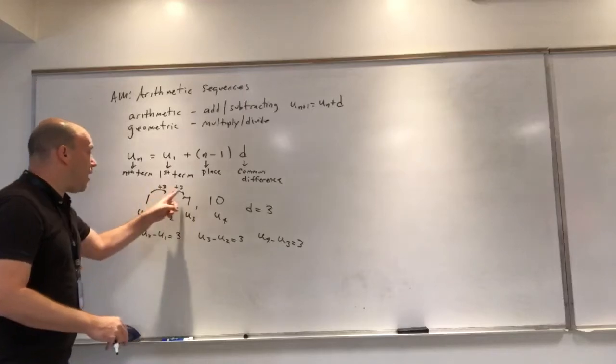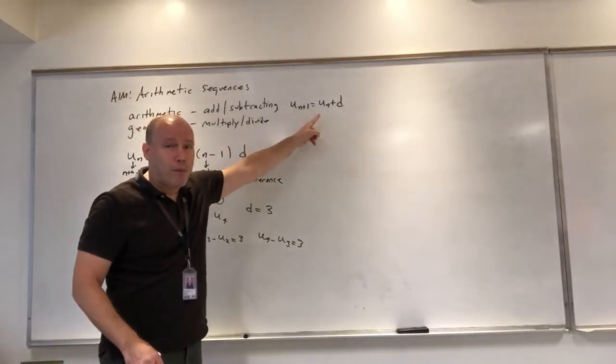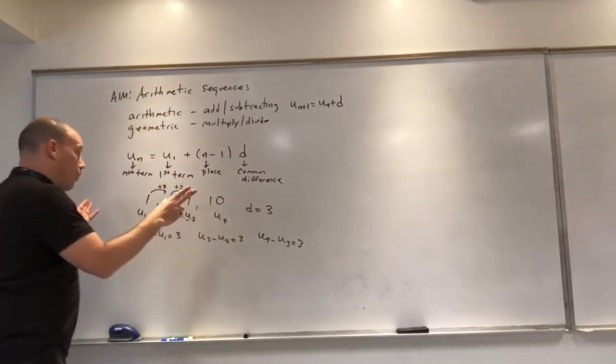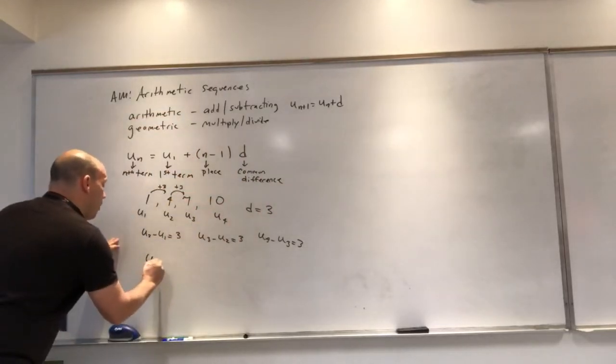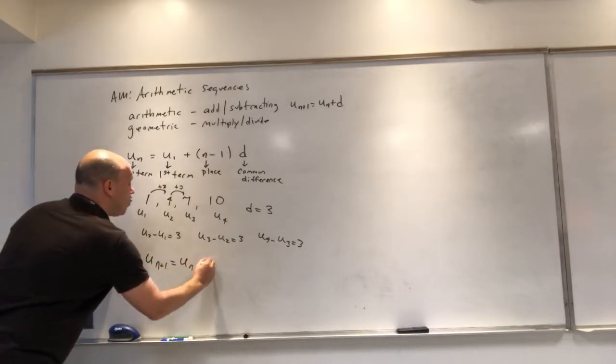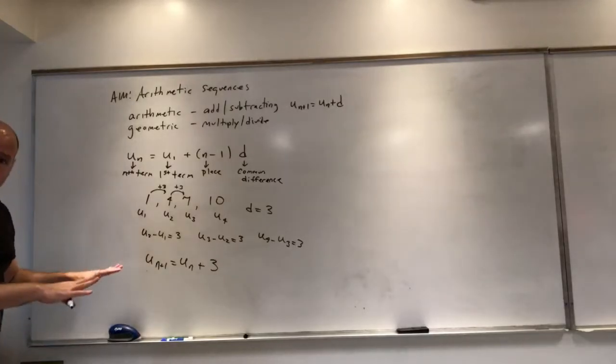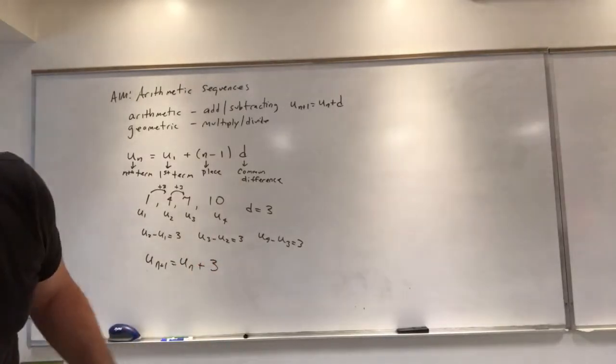What was the change each time? And that goes back to our recursive formula, which is simply u of n plus 1 is equal to u of n plus 3. Okay? That's it. So that's the idea of the common difference.